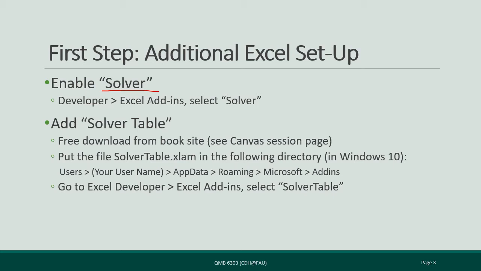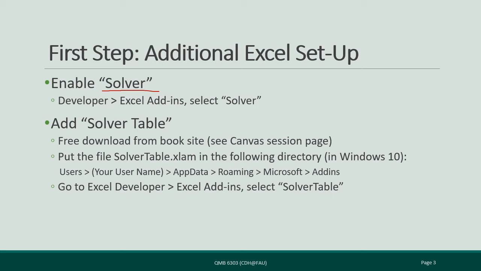I'm not sure why Excel almost always requires you to go through this step. I guess Solver is a pretty specialized program, so they found that most people would not use Solver, so they didn't really want to make the system too cumbersome or too complicated. But in this case, you need to activate Solver.